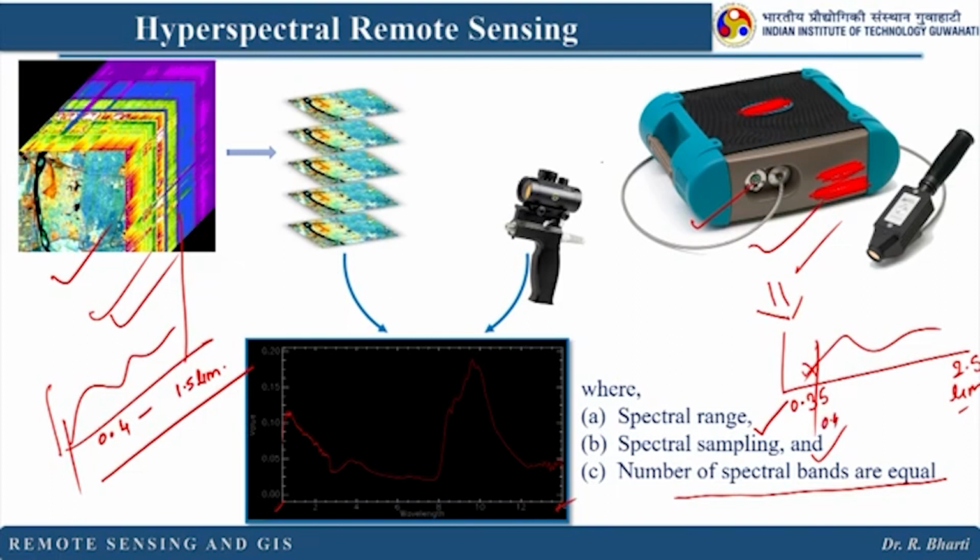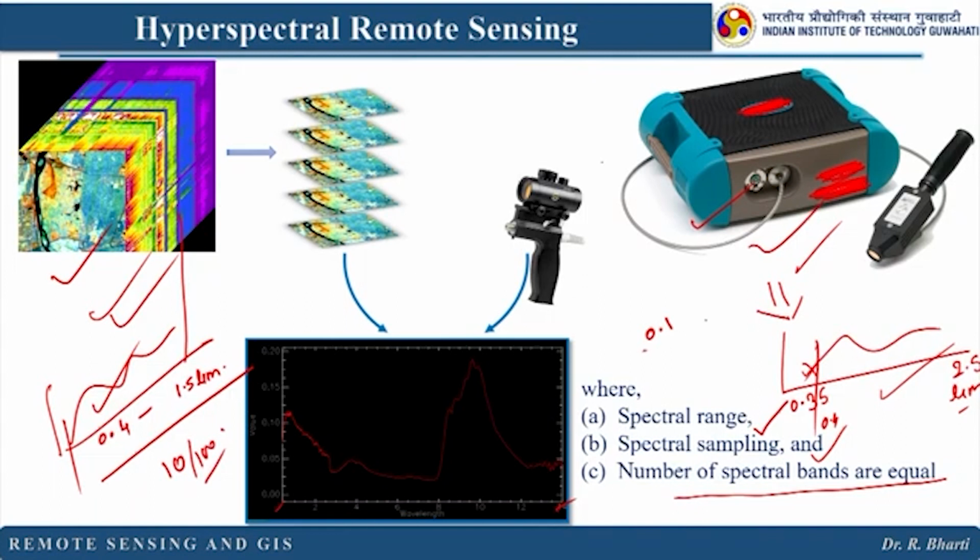Now, the next is how many samples are there in this measurement and in this measurement. So, here maybe it might have captured at the interval 0.1 nanometer, let us assume, but here it may be 10 or 100 nanometer. So, what you have to do?